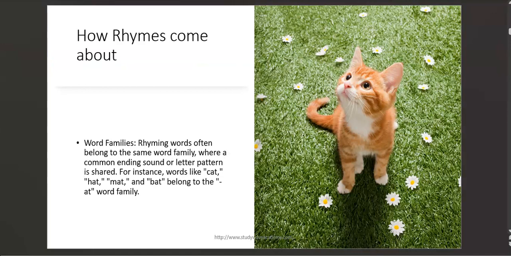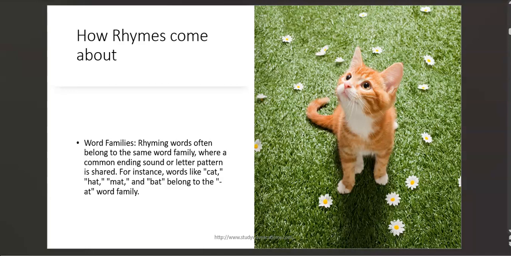Now let's look at how rhymes come about and look at what is called the word families. Rhyming words often belong to the same word family, where a common ending sound or letter pattern is shared. For instance, hat, mat, bat all belong to the at word family. Now, class, all of you have your families too, where some of you live with your parents and your siblings.